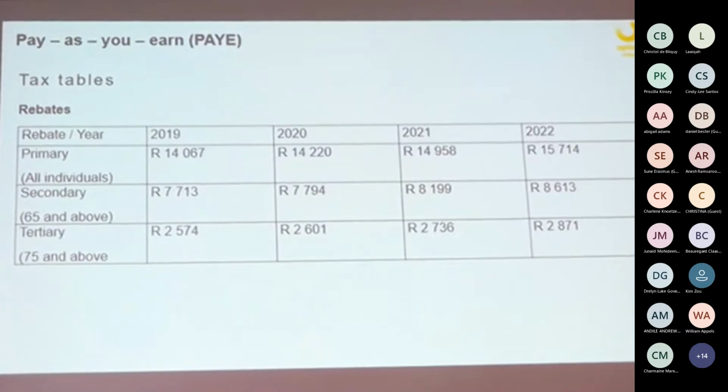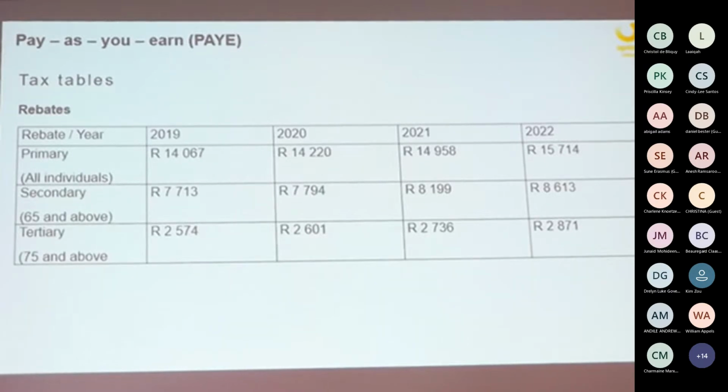If you are a normal person in South Africa, which I suppose you will be, of that 65,000, 15,000 rand is gone. They say, sorry, we don't want it. Keep your 15,000. So now it's only 40,000. If you are older than 65, another 8,600 is also free.